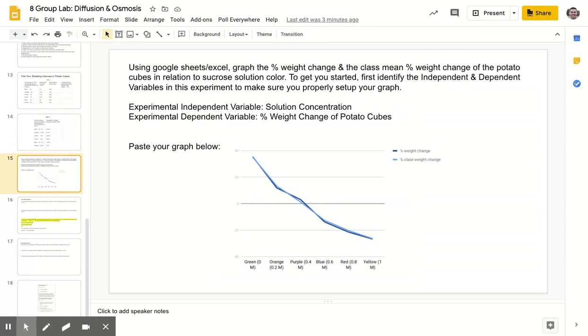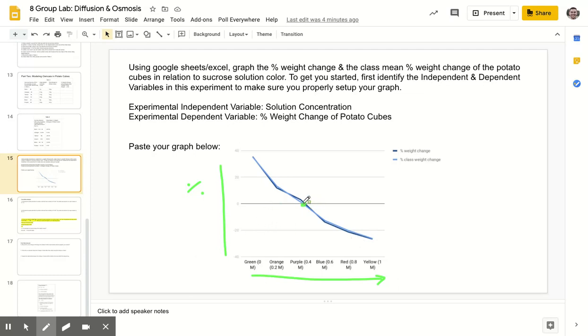Again, this is a graph that group 1 made. On the x-axis, we have the increasing concentrations. On the y-axis are the percent weight changes of the potato cubes. And right here we have an x-intercept. The percent weight changes are decreasing the higher we get in solution concentration.